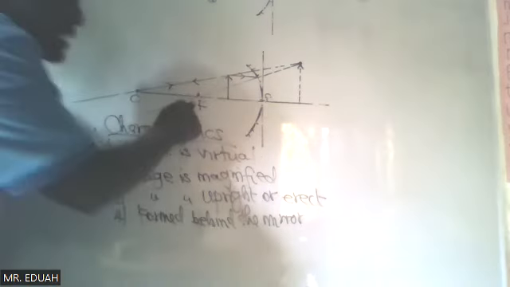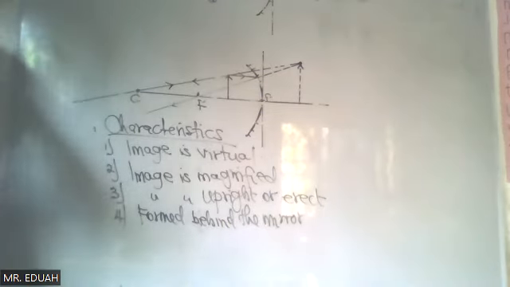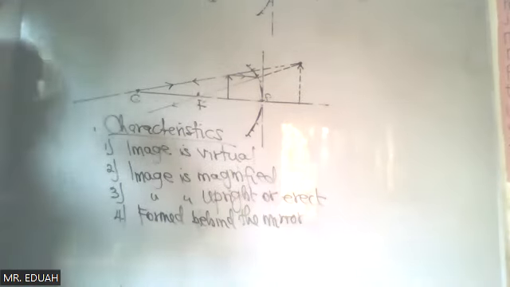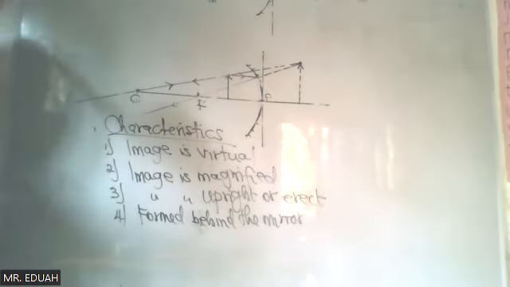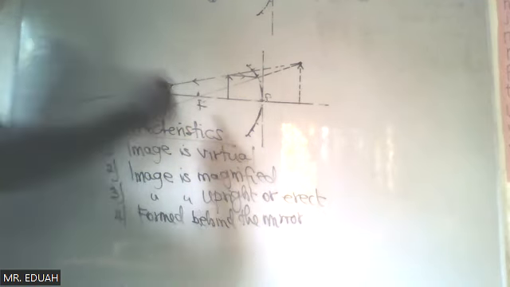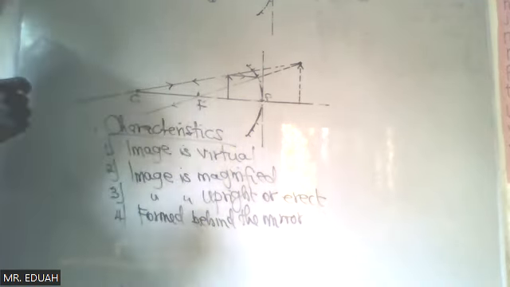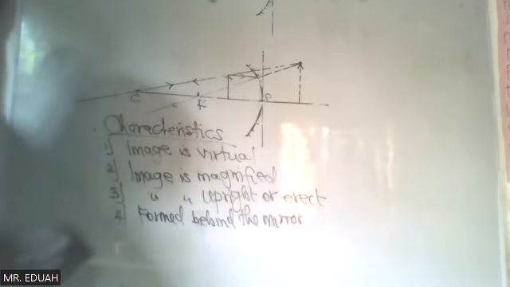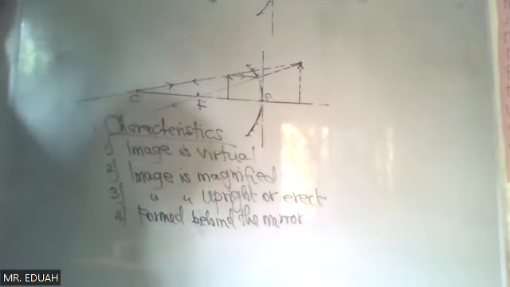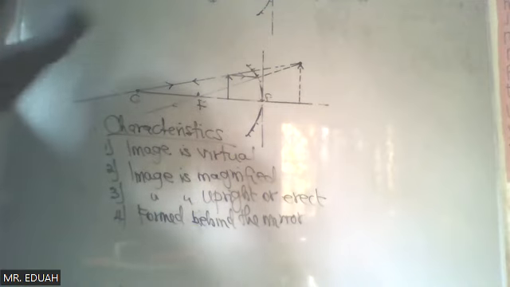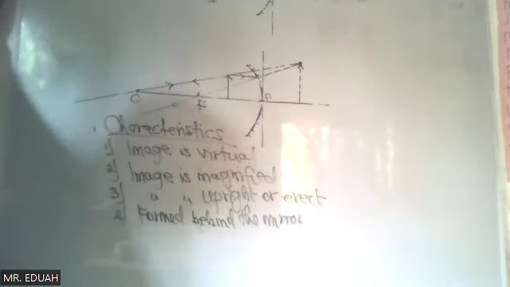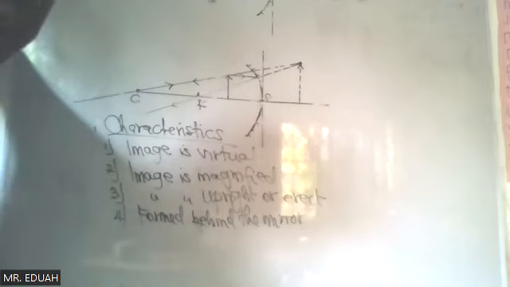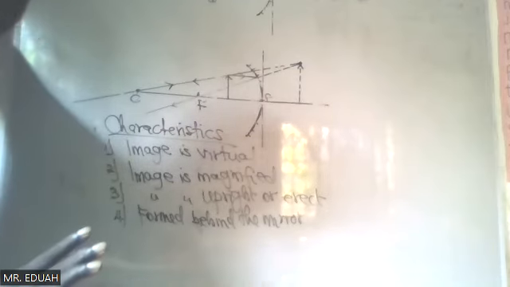Then when the object is at F, the image is real, inverted, magnified, and formed at infinity. Then, are you noting the characteristics of the various positions?